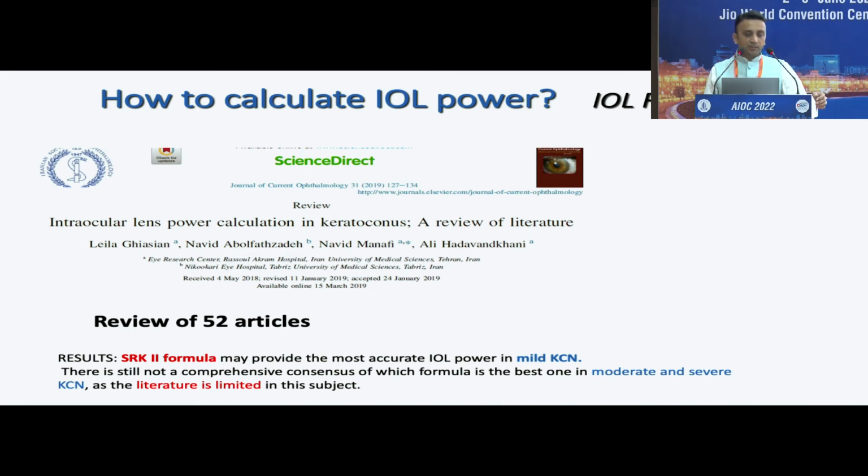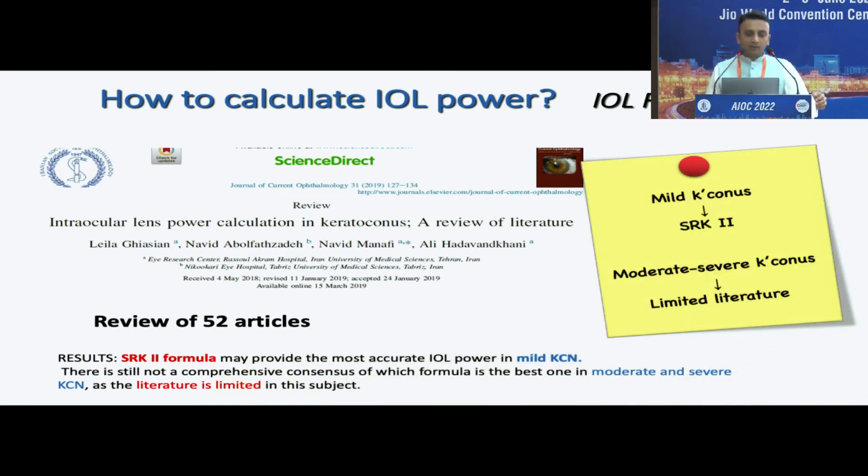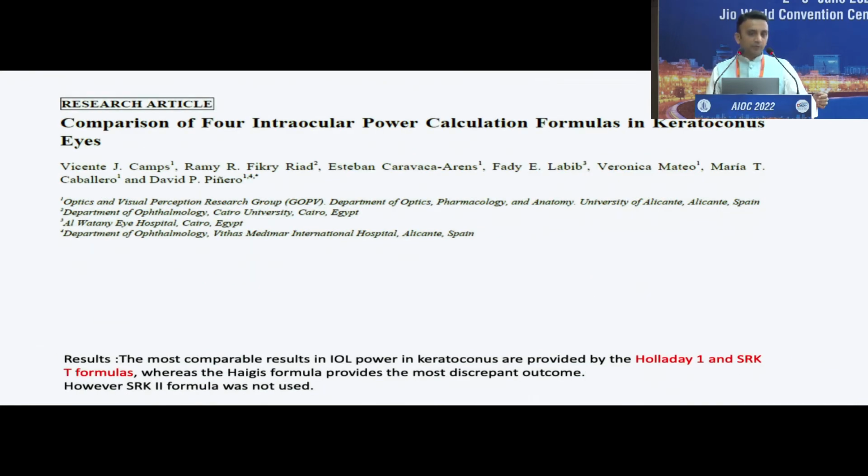have multiple formulas tested out, and they say that in mild keratoconus, SRK II is better. Now mind you, none of us are even using SRK II. But when you talk about such publications, they go from a historical point of view, whatever has been selected, and many of them would not have the best outcome, and ultimately what we get is limited literature, and that's where we can possibly contribute to the literature by publishing such cases.